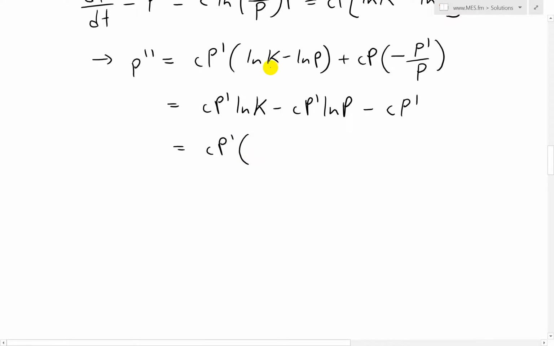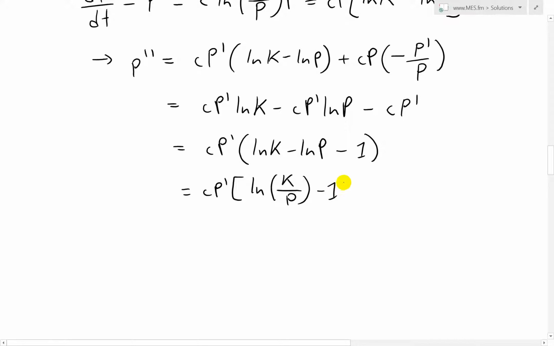We could have actually just simplified this further instead of expanding it by using logarithmic properties there, but let's look at the same answer. So what we have now is cp prime times ln k minus ln p, back to this point again, but now we take this one out, so we have a minus 1, and now we apply that same logarithmic property to combine these two. So what we get is finally cp prime, and then a square bracket ln of k over p, since subtraction is a division for the logarithm, then minus 1, and then close the square bracket.